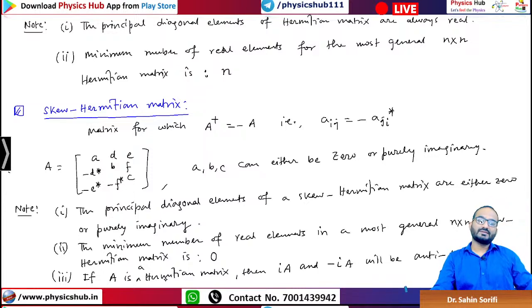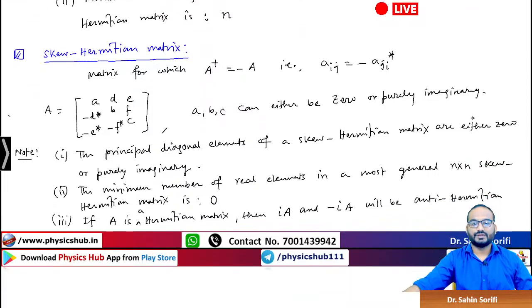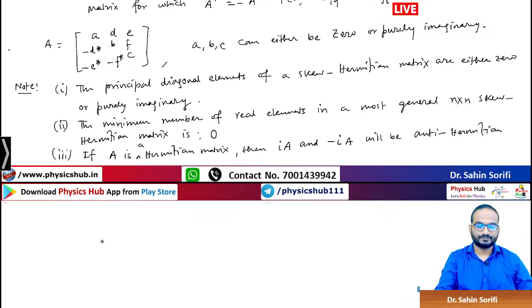If you multiply some scalar with a Hermitian matrix, will it remain Hermitian or will it become skew Hermitian? What I am trying to say is, let's say you have a matrix, let's say A.